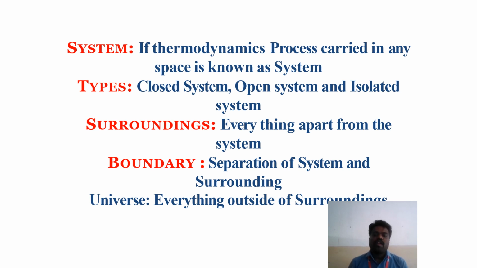If any thermodynamic process is carried out in any kind of space, that is known as a system. The transformation of energy, heat into work or work into heat, is known as a thermodynamic process. That process takes place in any kind of space, which is known as a system.